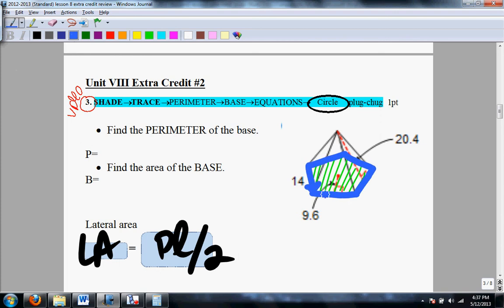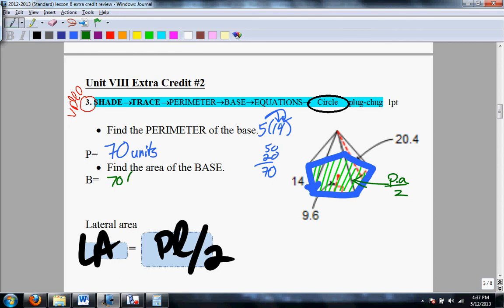Now our perimeter is 5 times 14. 5 times 10 is 50. 5 times 4 is 20. So our perimeter here is 70 units. Our base area is perimeter times apothem over 2.